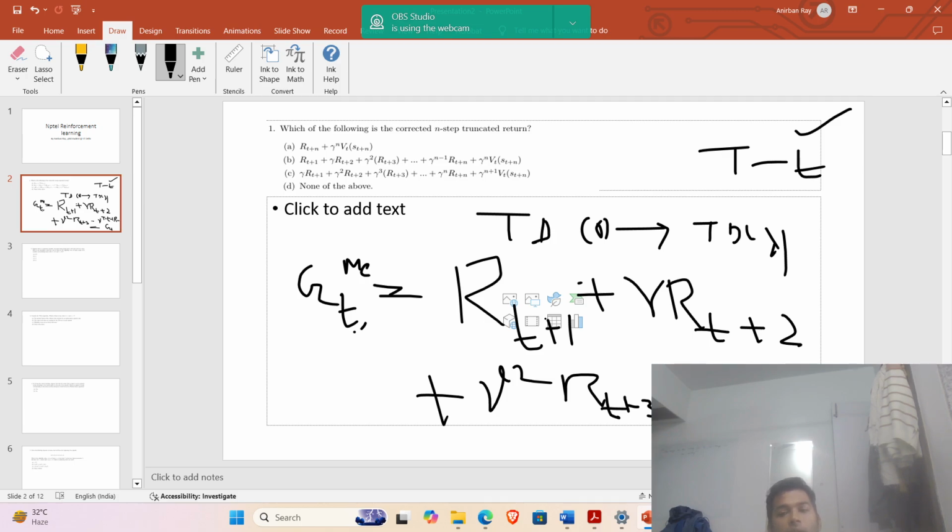The end happens at time t equals capital T, and the number of actions taken is capital T minus small t, the total number of steps taken. So the rewards are R_{t+1}, R_{t+2}, like that up to R capital T.